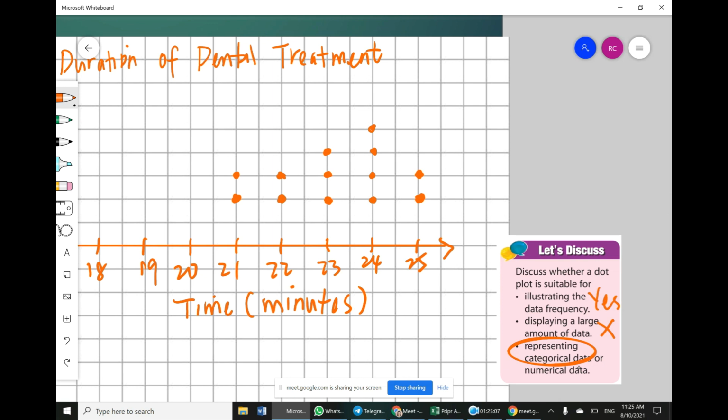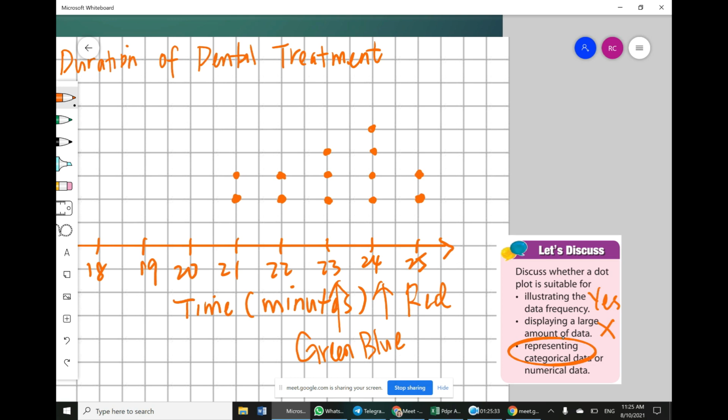So do you think this dot plot is suitable to represent categorical data? If I write down here, red, blue, green. Actually, it's not suitable.